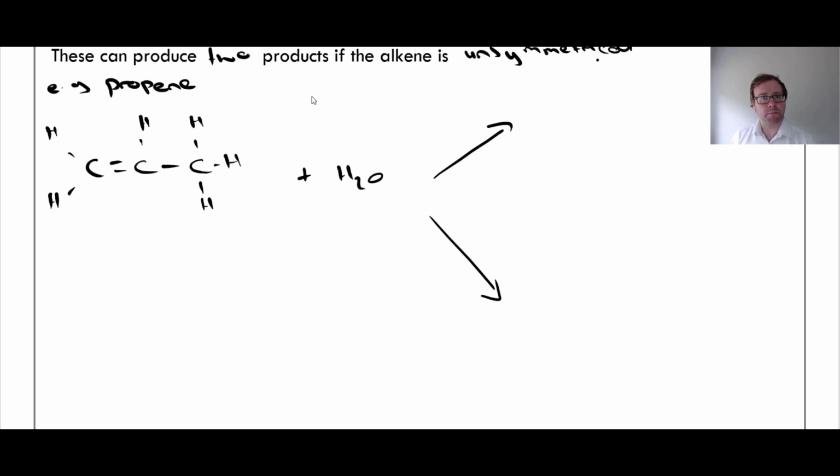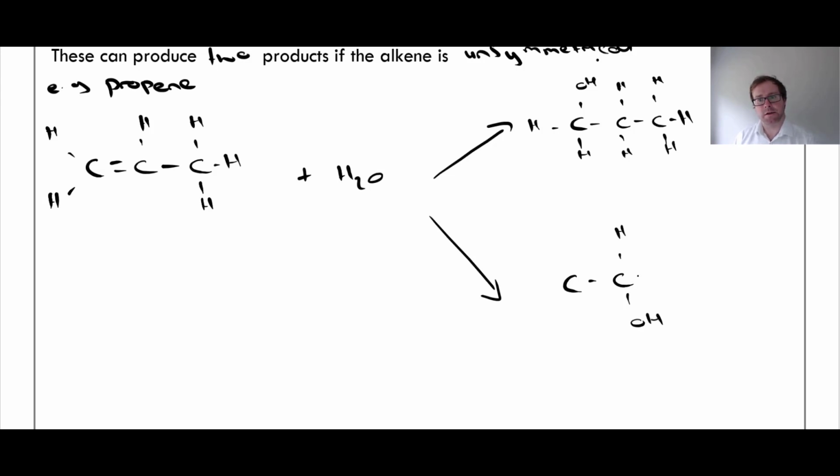So I may add my hydroxy or my alcohol group, which means the same thing, on the first carbon here, or I may add it on to the second carbon.